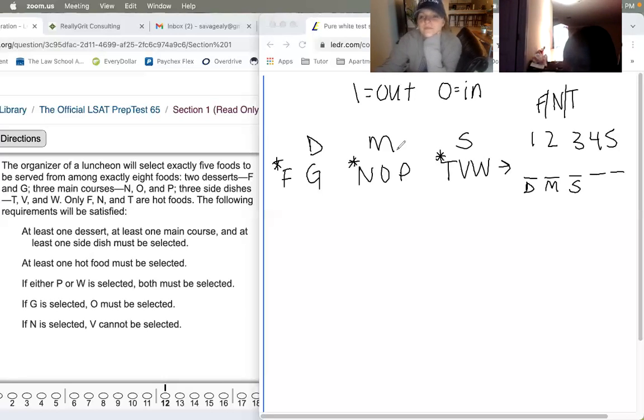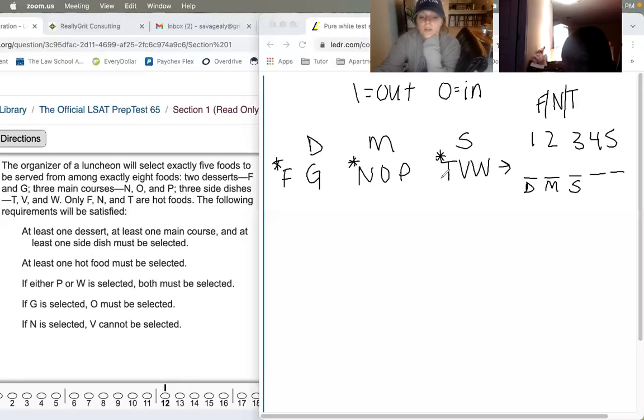I just wrote PW and circled both of them. And that was my Q. And then for G and O, I circled both of them together. And for if N is selected, I circled N and then slashed out V.